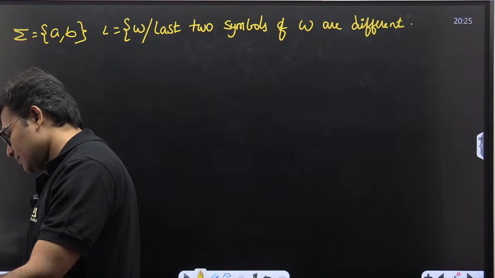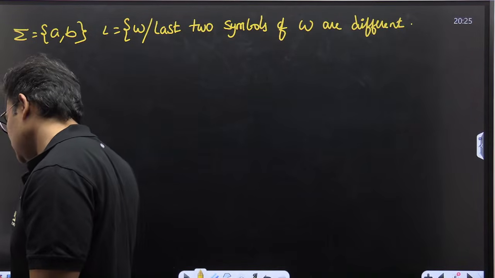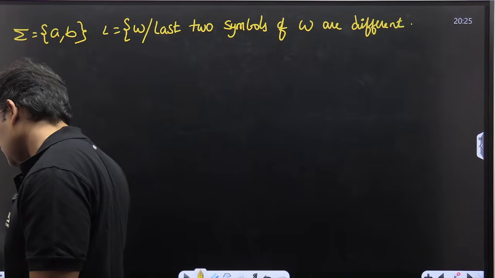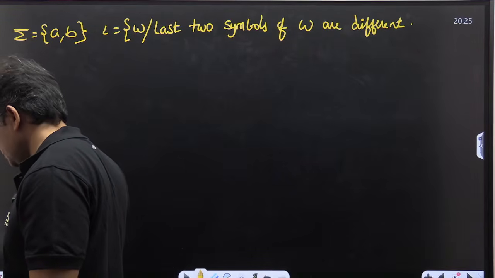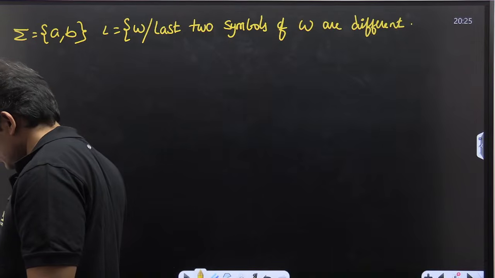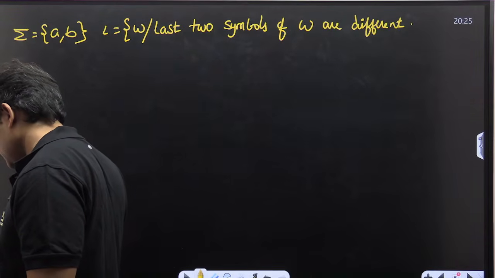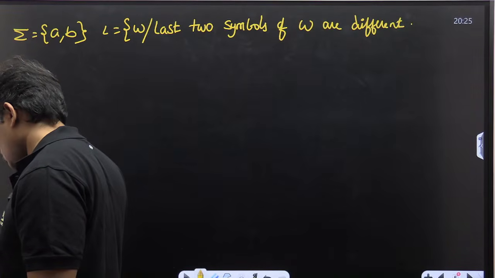I think only one person has answered it right. Yeah, very good. Who is this person? Janvi. Janvi, very good. Satark, it is wrong. You are making a simple mistake.